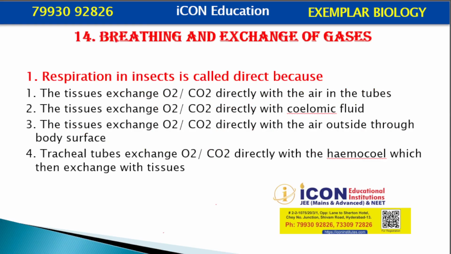Respiration in insects is called direct because the tissues exchange oxygen and carbon dioxide directly with the air in the tubes. Or the tissues exchange oxygen and carbon dioxide directly with the coelomic fluid. Or the tissues exchange oxygen and carbon dioxide directly with the air outside through the body surface.